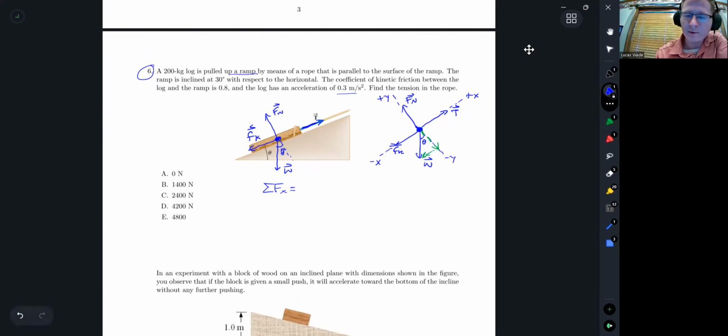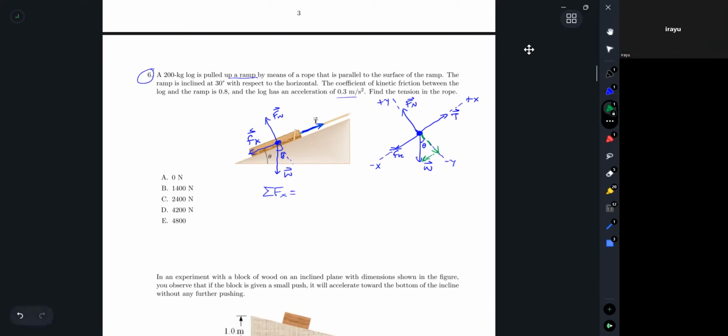Okay, so what are our forces acting along the x-axis? Negative W cosine theta, and friction and tension.